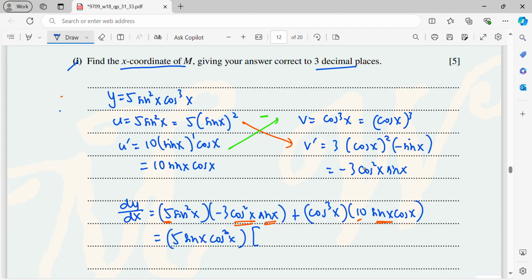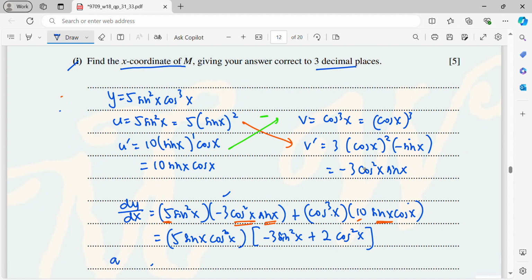Then the first bracket, this is considered as the first term. From the first term, you will be getting minus 3 sin²x. Then from the 10, you have factorized 5, therefore left 2. Then the cos to the degree 3 and degree 1 here, that means degree 4. When degree 4 of cos x, you factorize degree 2, you still have degree 2.